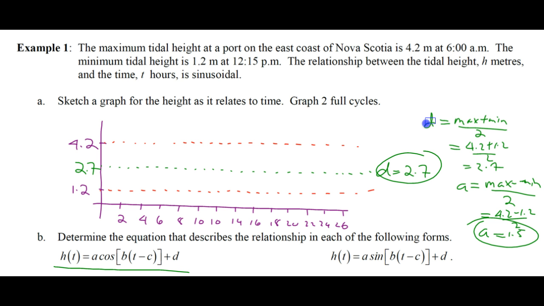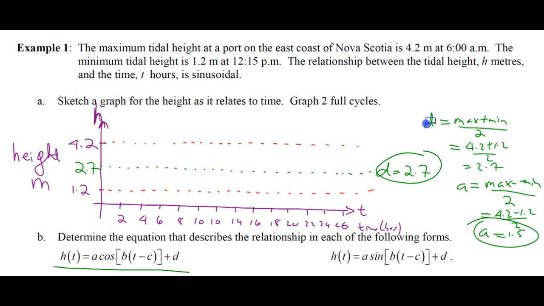And this is time, so that's T. So this is time in hours. And this is height in meters, and this is the h-axis. So we've got h, and we're going to do h of t, so height as a function of time.